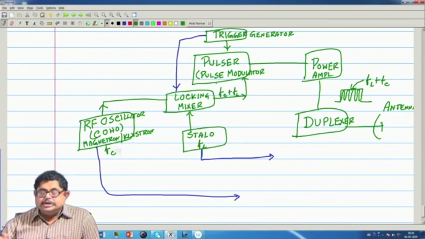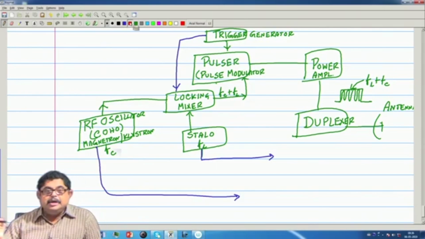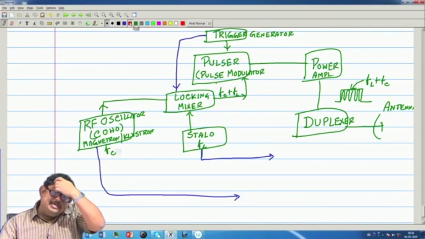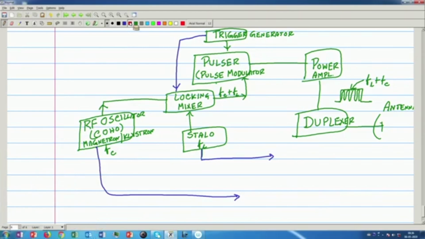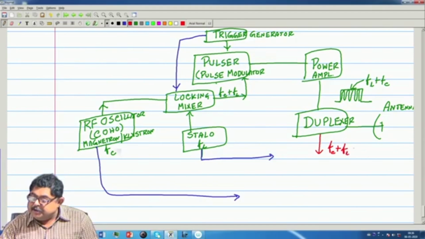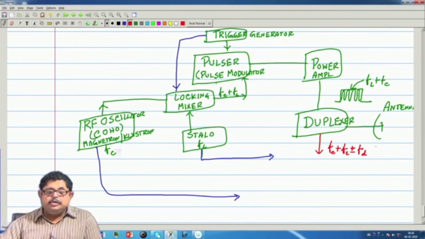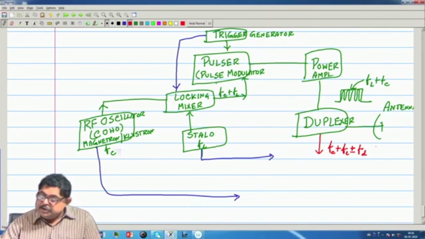Okay. This is sent. There is a target, and the target will produce the signal that gives me a Doppler shift. So, the duplexer on its return path will give me the signal FC plus FL plus minus FD, depending on the closing target or the receding target.